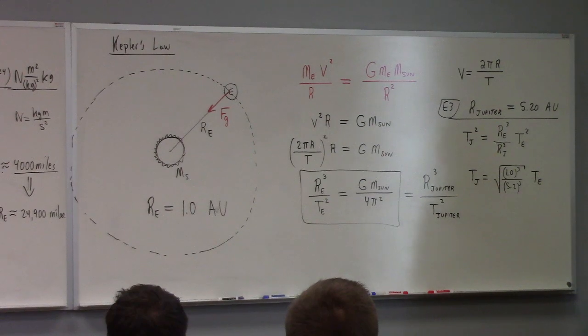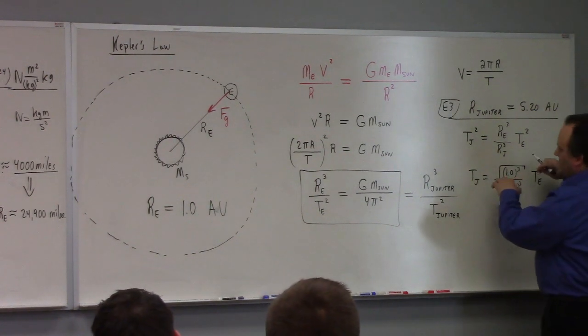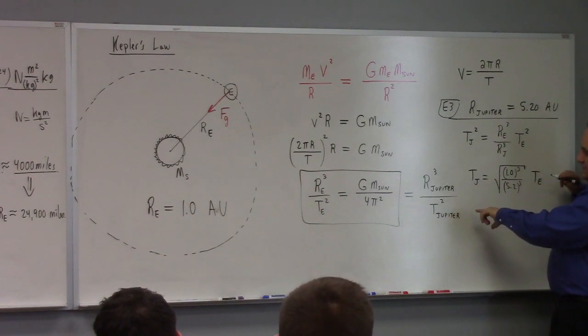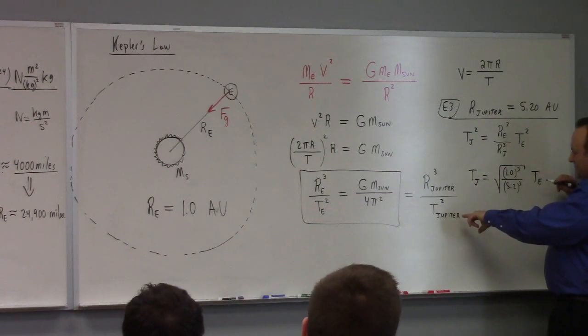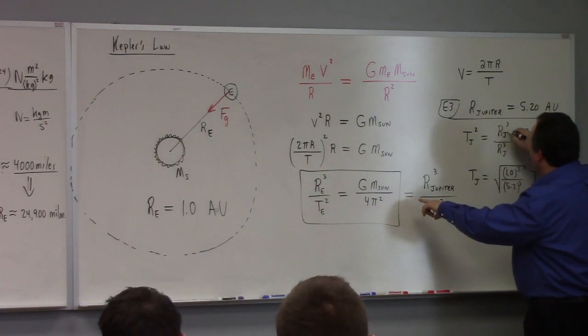I think I did something backwards. Uno momento, por favor. Oh yeah, I got it flipped. I got it all turned over, don't I? What should I have? If I solve this for T sub J, what do I get? Jupiter should be up top, the Earth should be downstairs, right?